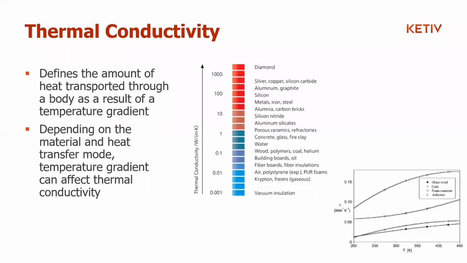Now, I'm not sure how clear that is, but we're looking at glass wool, which is the bottom curve over there, cork, which is the next one, and foam concrete, which is this one. You can see the conductivity is actually increasing, and asbestos conductivity is not decreasing, but actually steadying off.